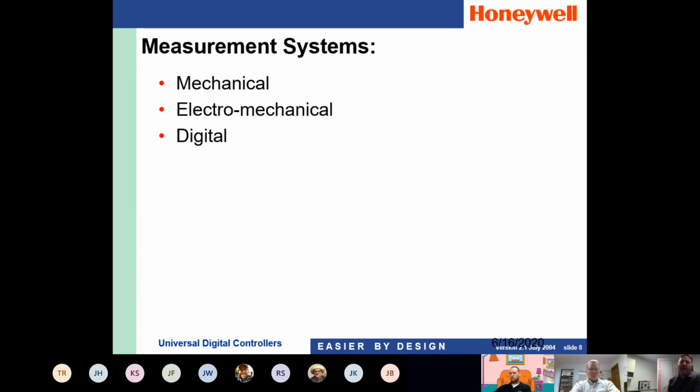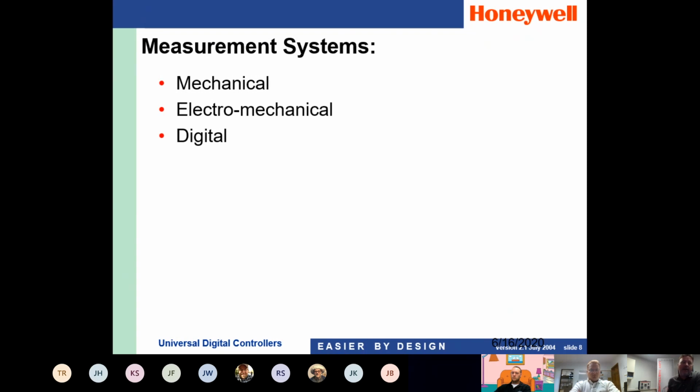The measuring systems today can take on different forms. It can be a mechanical measuring system. For example, if you had a pneumatic system, or call it a filled system. Filled systems were sensors that had an oil-filled leg that when the temperature would increase in the oil-filled leg, it would put pressure on some bellows that would inadvertently affect the controller.